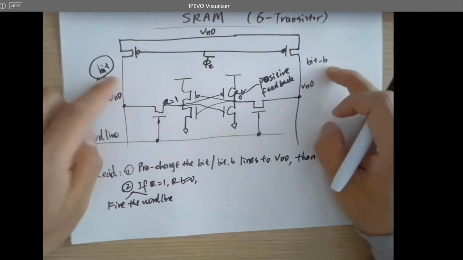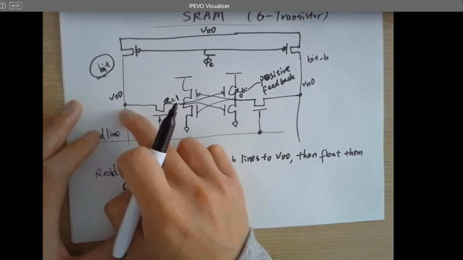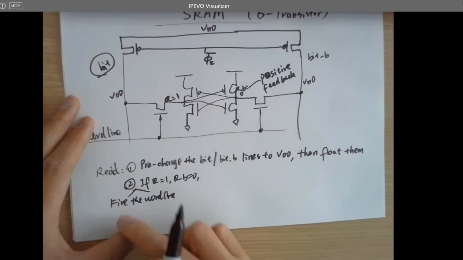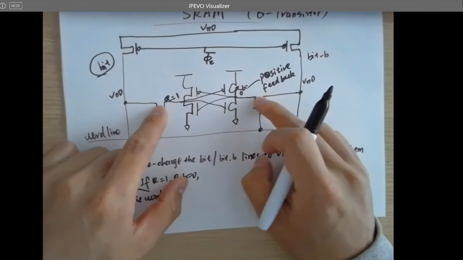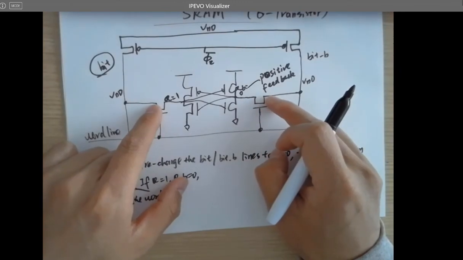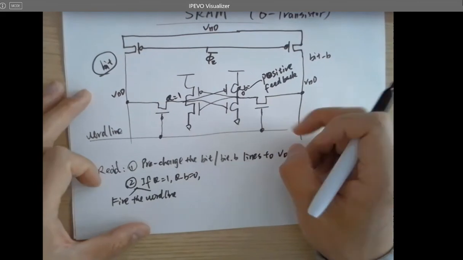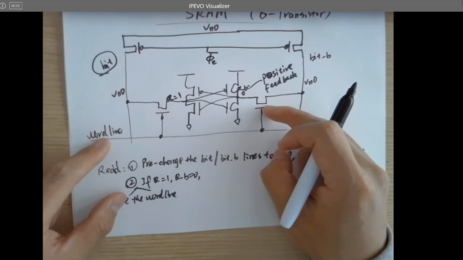This is the data. So whenever this is 1 and this has been pre-charged to VDD, when you fire the word line, these two channels will be opened up. Then what's happening at that moment? These two MOSes will be on when you fire the word line.